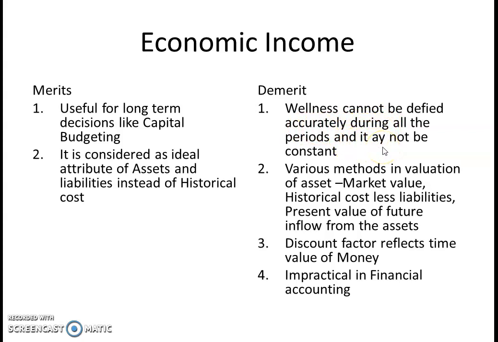I can't really calculate exactly how well off I am at the end of the year. The second demerit is that various methods are there in valuation of assets: market value method, historical cost minus liabilities, present value of future inflows. These are the different methods, and it becomes very difficult to choose between them.